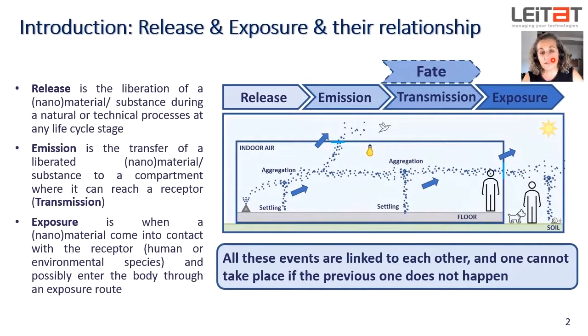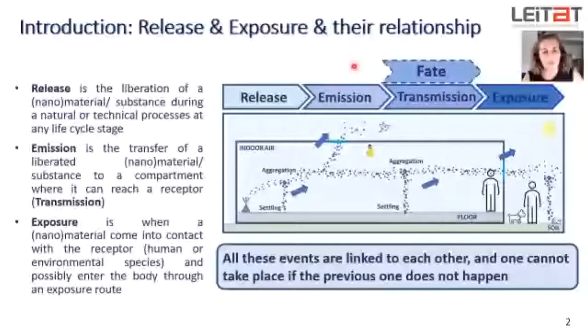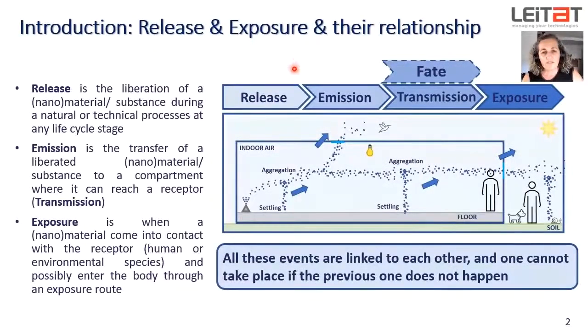All these events are linked to each other, and any of these events cannot take place if the previous one didn't happen before. So they are subsequent to each other. There is a release of nanomaterial, then an emission, and these emitted particles end up being the exposure particles going to the target receptor, human or environmental species.